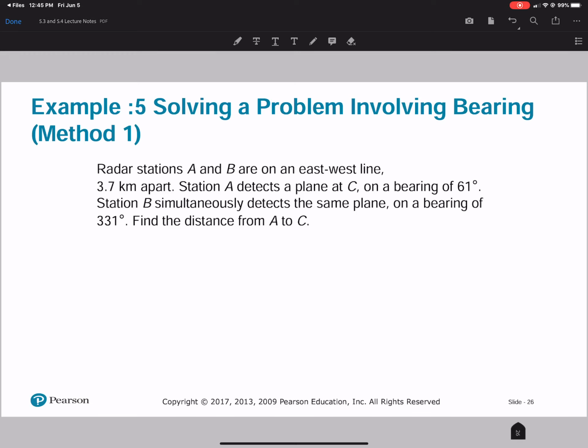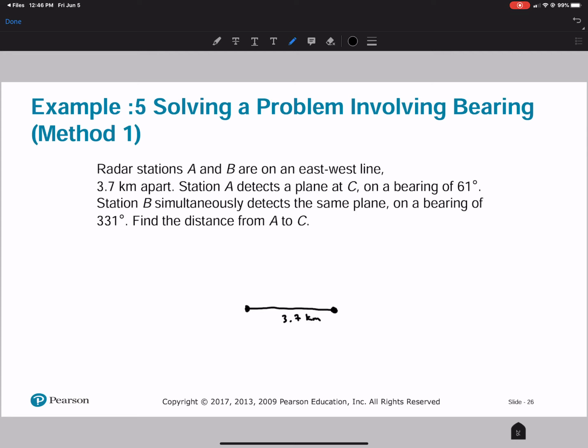So let's look at this right here. It says a radio station A and B are on an east-west line 3.7 kilometers apart. My first thought would be to draw two points and connect them, and this is 3.7 kilometers.